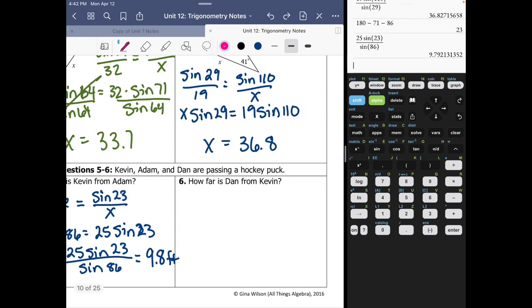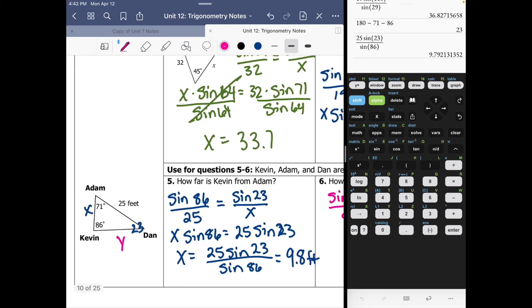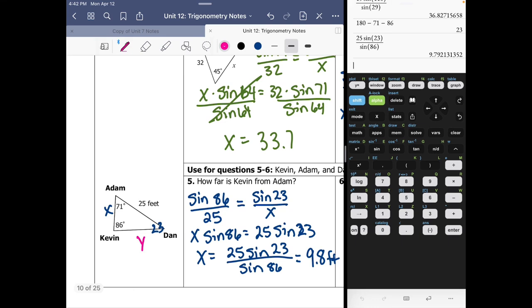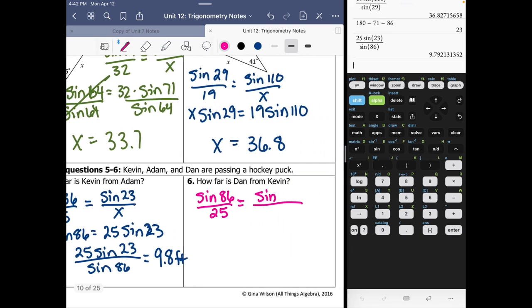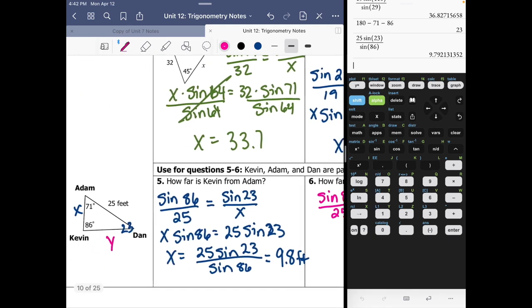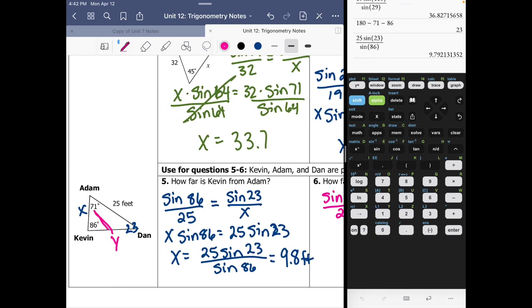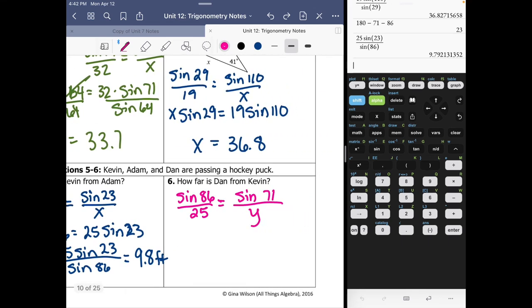So we have the sine of 86 over 25 again equals the sine of 71 over Y. So Y is across from 71, so that's why that's the one we're using. Okay, so just like before, we're going to have Y sine of 86 equals 25 sine of 71.